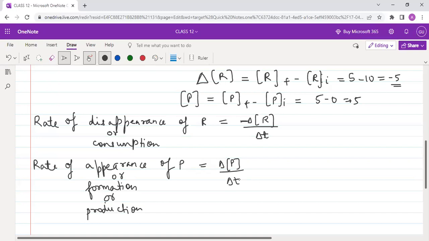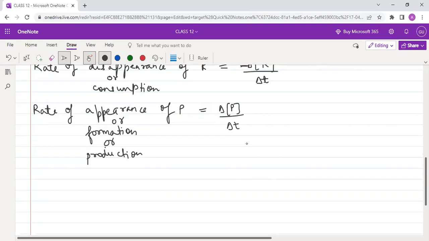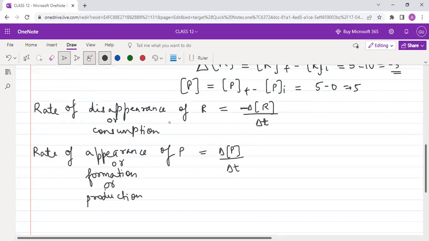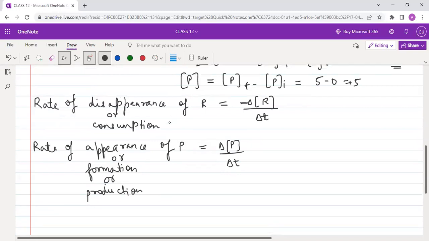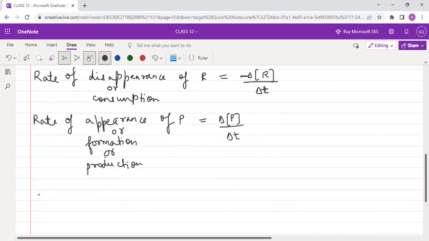And rate of reaction is the change in concentration upon time taken. Now, this is the individual expression of rate of appearance and rate of disappearance. But if we now write the rate of reaction, that is the ROR, it can be represented as small r.